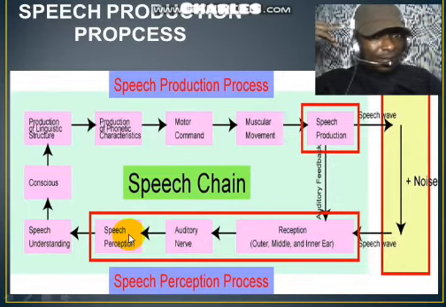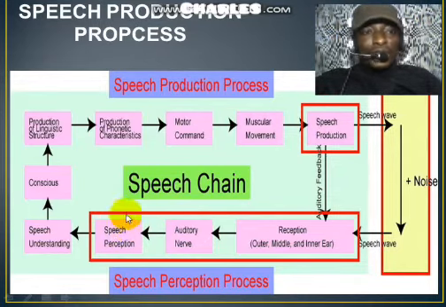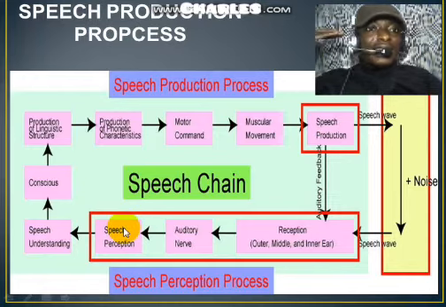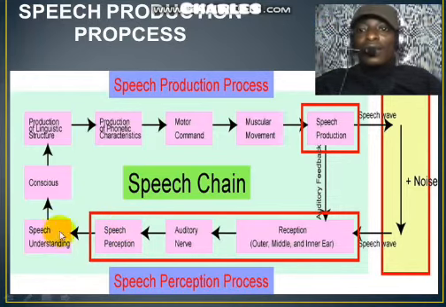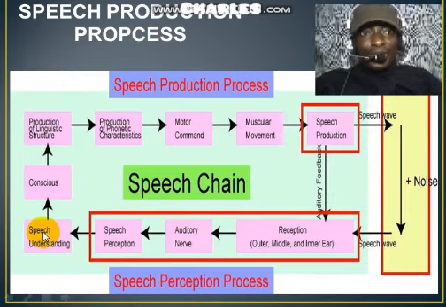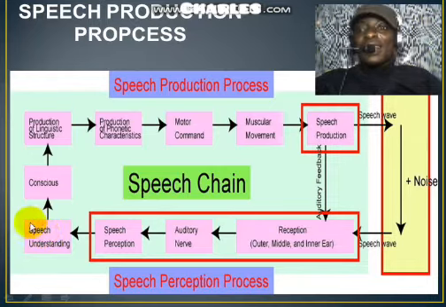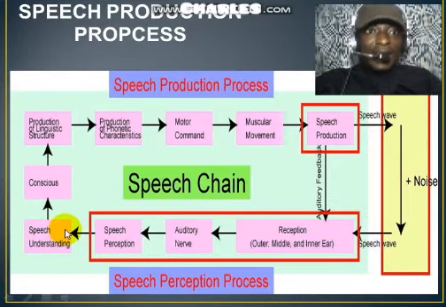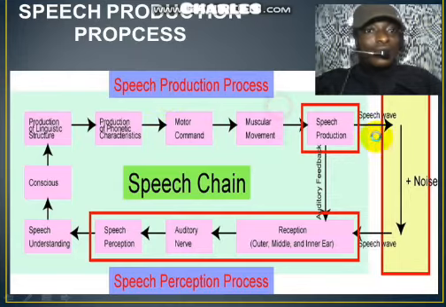The auditory cortex is actually responsible for speech perception and what? Interpretation. Now, once the speech is perceived, it goes to the speech understanding center, which is known as the Wernicke's area. Now, the Wernicke's area processes the information and tells you that this is what the speaker is saying, and the whole cycle continues again.